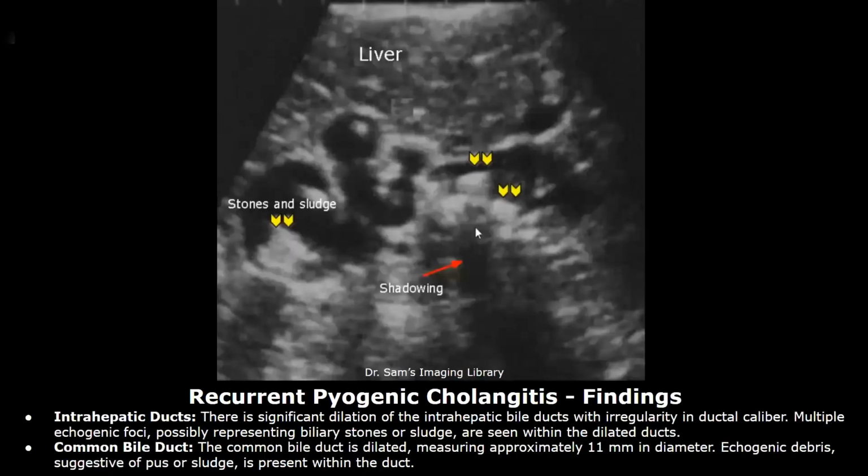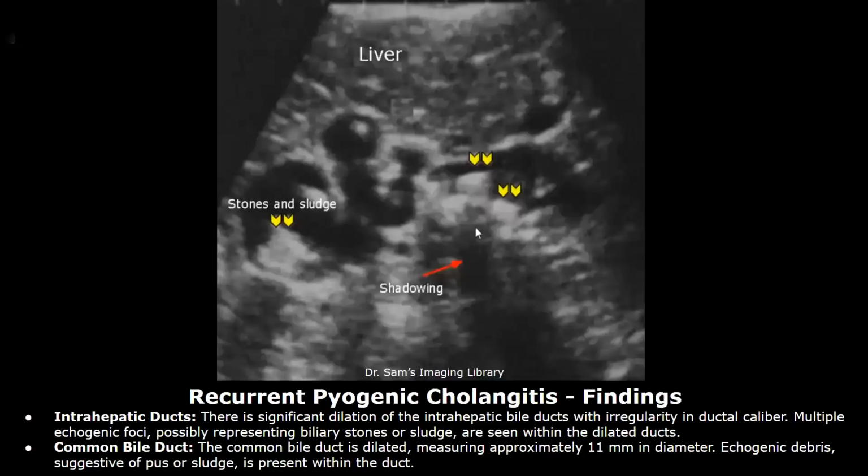Intrahepatic ducts. There is significant dilation of the intrahepatic bile ducts with irregularity in ductal caliber. Multiple echogenic foci, possibly representing biliary stones or sludge, are seen within the dilated ducts. The common bile duct is dilated, measuring approximately 11 mm in diameter.